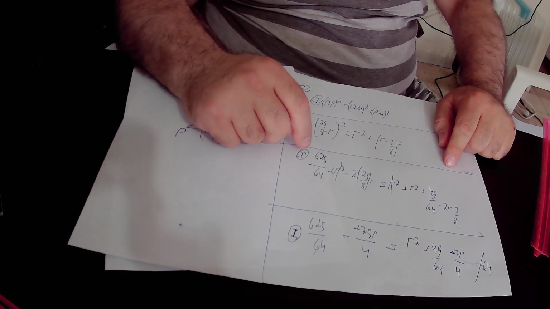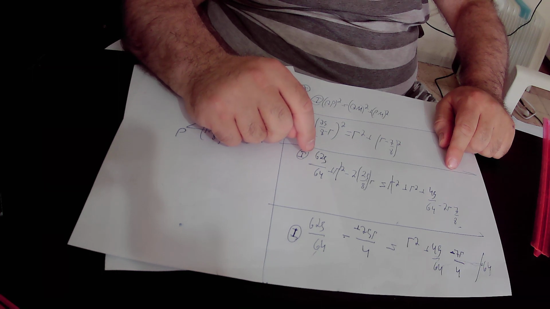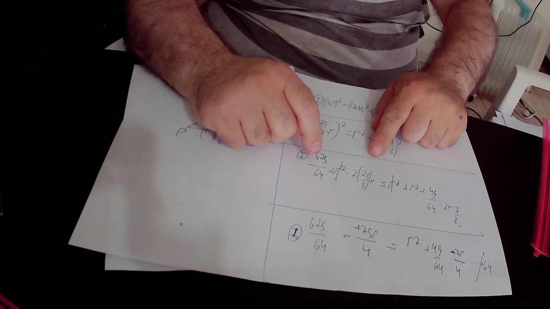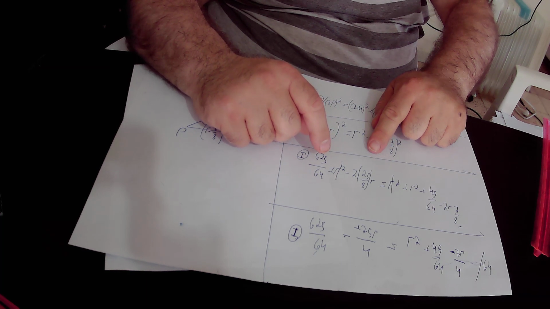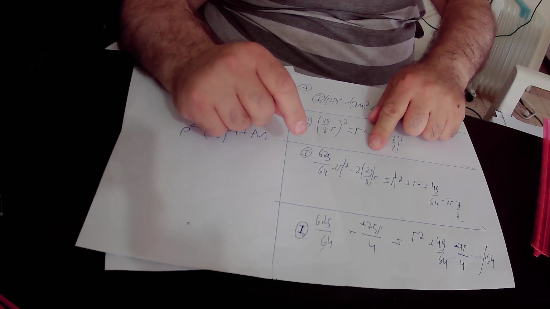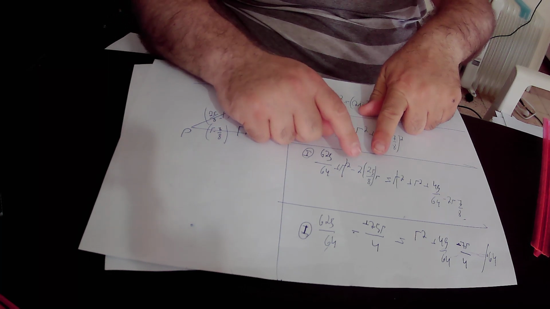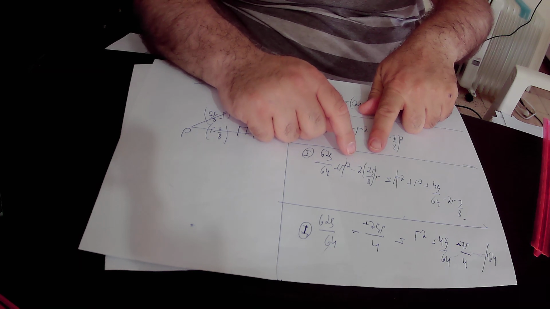So what is left after we cancelled r square from equation number 1? We have here 625/64. Here we have minus 2 times 25r/8. We divided both the numerator and the denominator of this expression by 2.